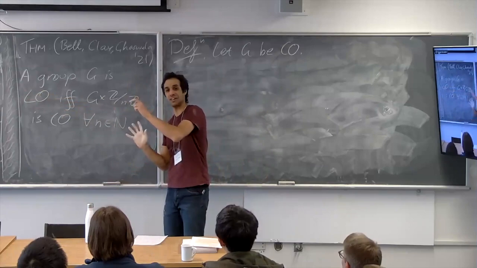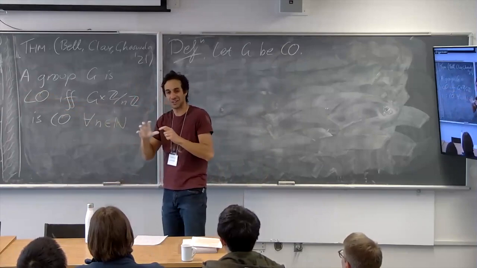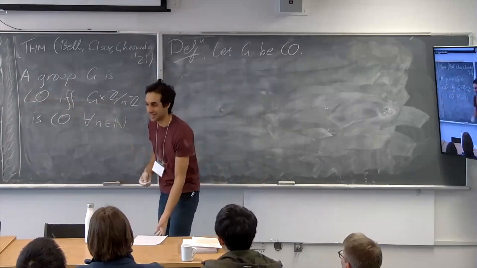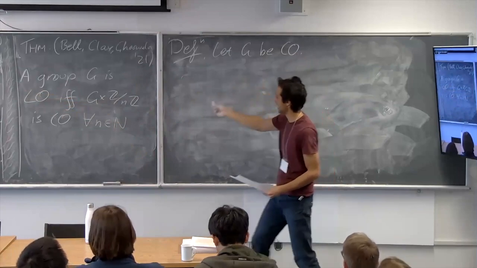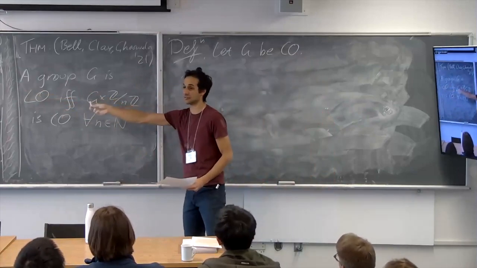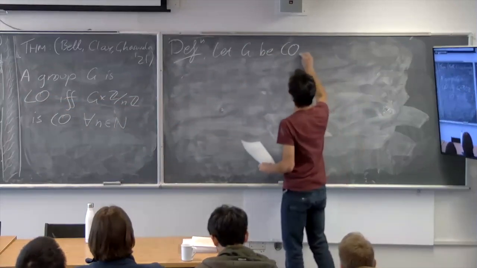So somehow it's the cyclic groups of order 4 that are making this thing not left orderable. With that in mind, let's talk about the set of ends which stop a group from being left orderable. That's going to be called the obstruction spectrum. So let G be circularly orderable.